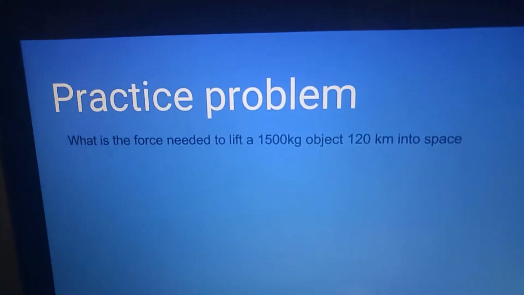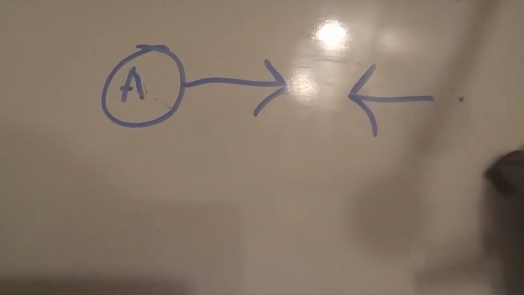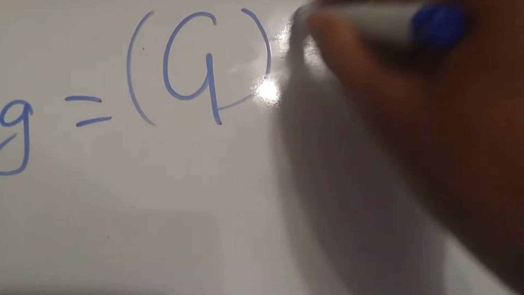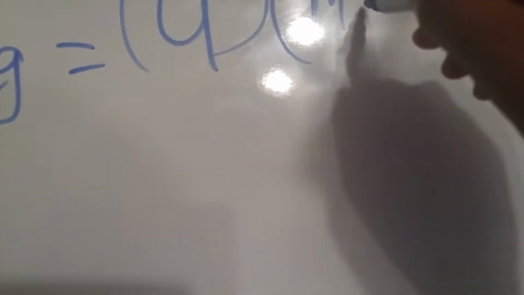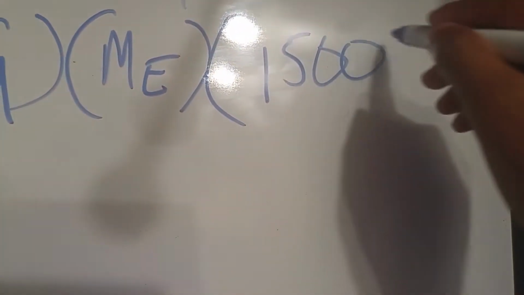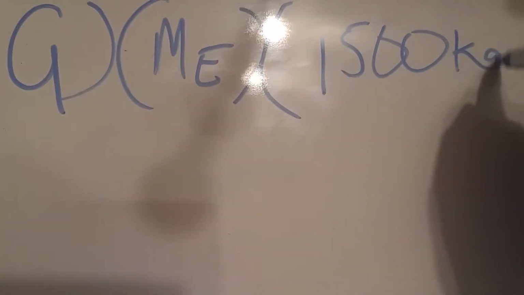Alright, let's do a quick practice problem. We need to find Fg equals big G times the mass of the Earth times 1,500 kilograms, all over the distance squared.